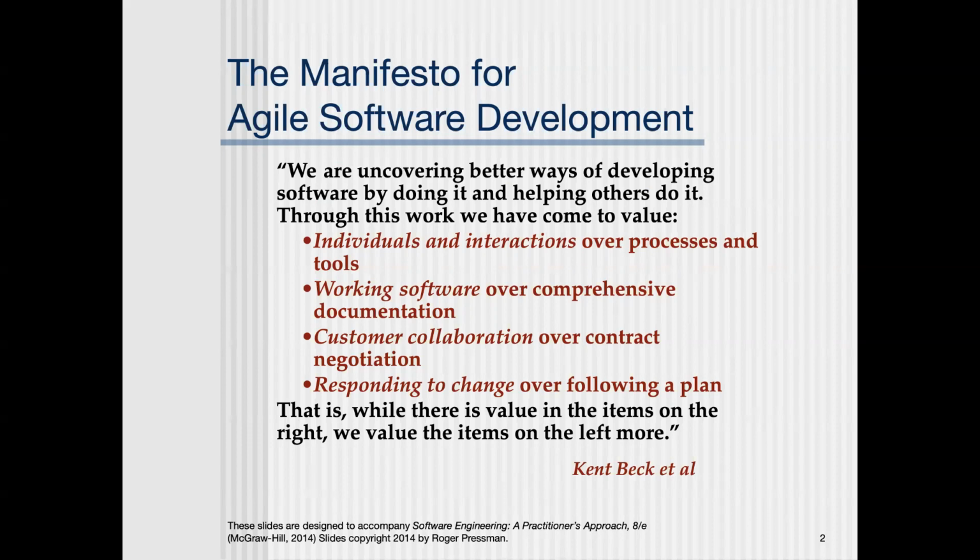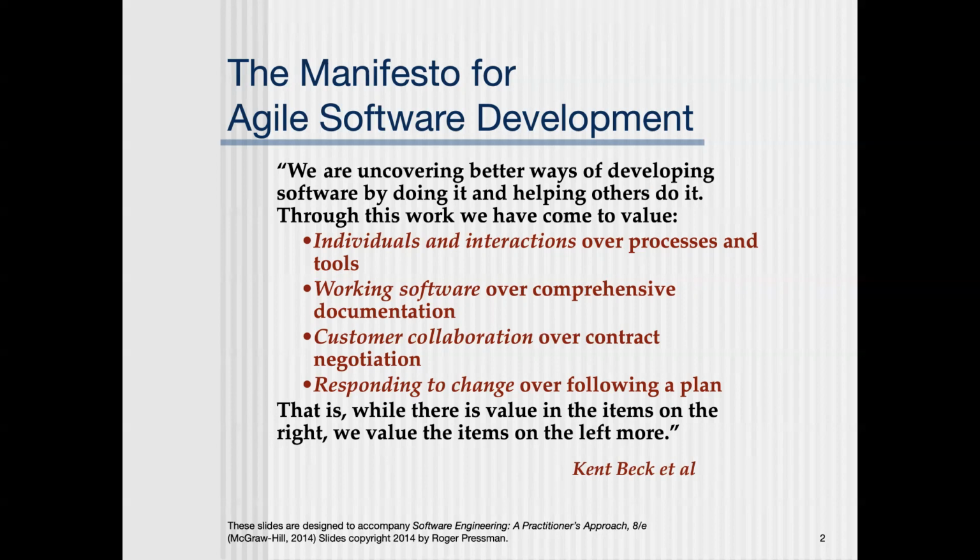So here's the manifesto. There's a whole bunch of things on the manifesto that we may talk about in class, but here's kind of an overview, from one of the developers of it, that we're looking at better ways of developing software by doing it and helping others do it, okay? But here's the real difference between this and existing tools at the time.